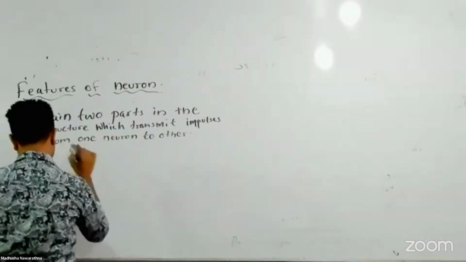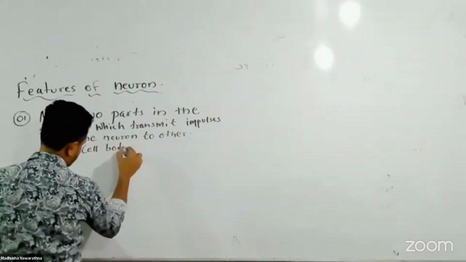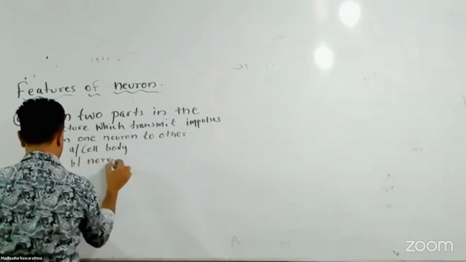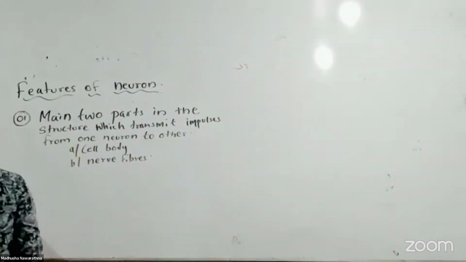Number one, cell body. Number two, nerve fibers.